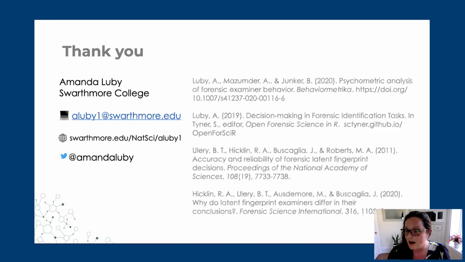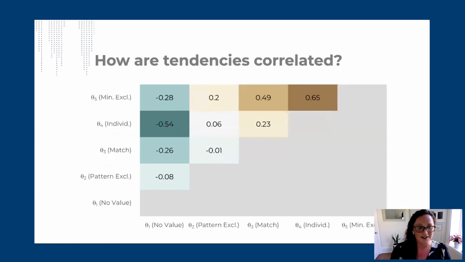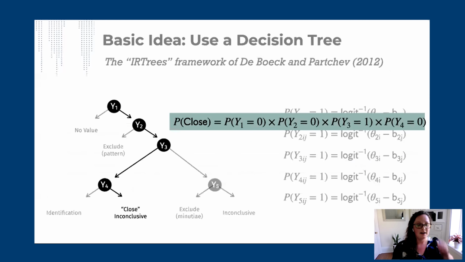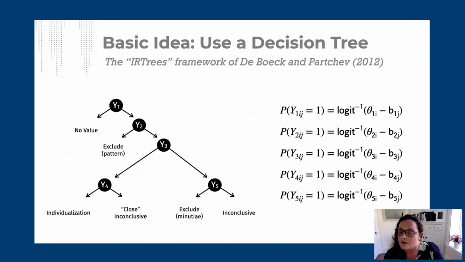So I think I will start at the top. So I believe this was back in looking at the tree. And so I apologize for not getting to this at the time. Eric says that this is not an accurate representation of latent print decision tree. Excluding so quickly based on pattern leads to exclusion errors.